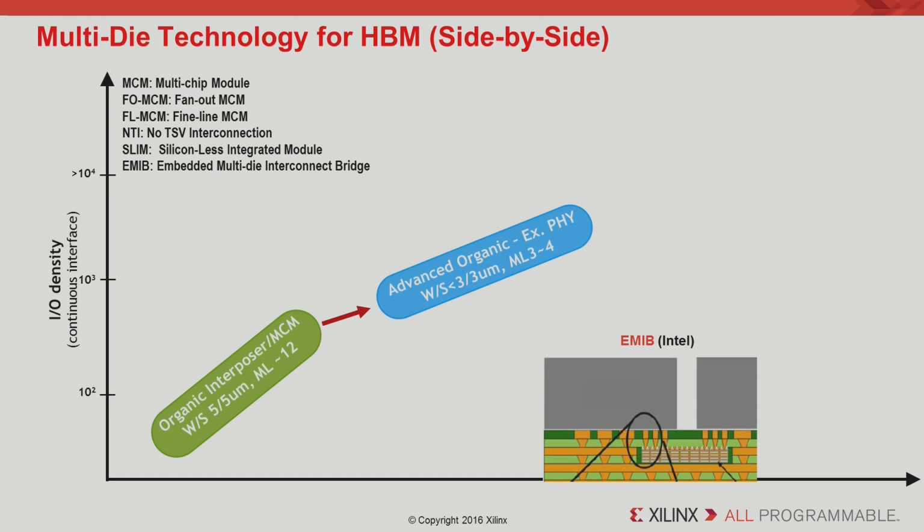They attempt to solve the fine pitch problem by using silicon. The silicon is thinned quite a bit and embedded within the organic substrate, and it's connected through microbumps, and this could be an HBM on the other side here.